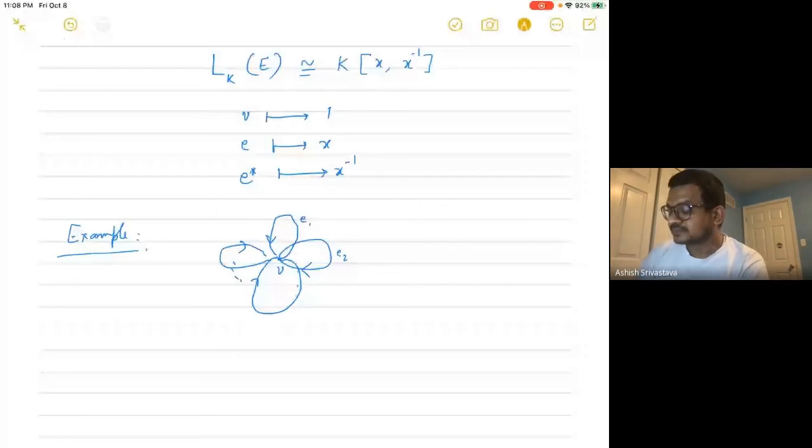Then, of course, if you read the Cuntz-Krieger condition here, then for any i, E_i star E_i is the range of E_i, which is V, right?